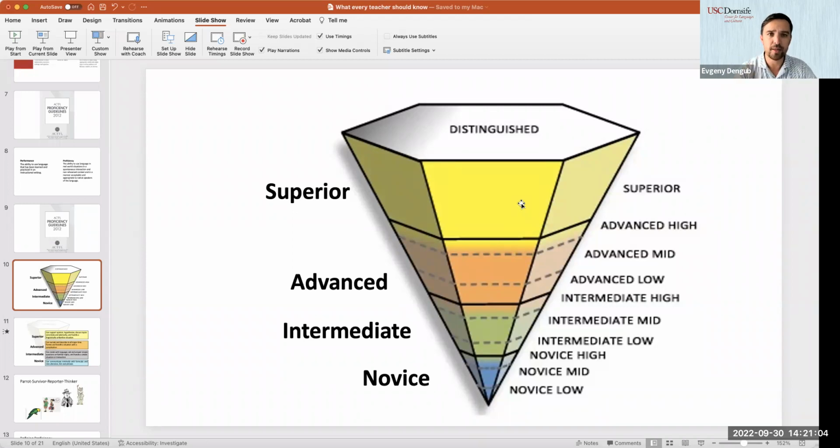By the way, I recommend that you remember how this is spelled and the word order, so you use those titles correctly, whether you describe your proficiency on your CV, or in your language statement, or your pedagogy statement. Just make sure it's intermediate high, no hyphen, capitalized I. Details like that matter, at least for me, when I see that the person did the homework and they know what they're talking about.